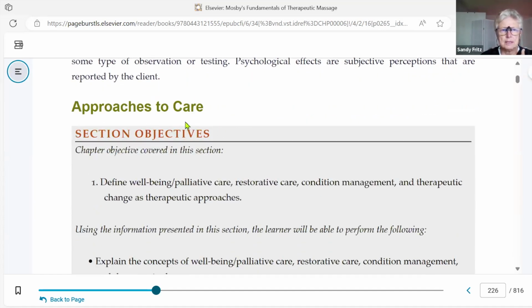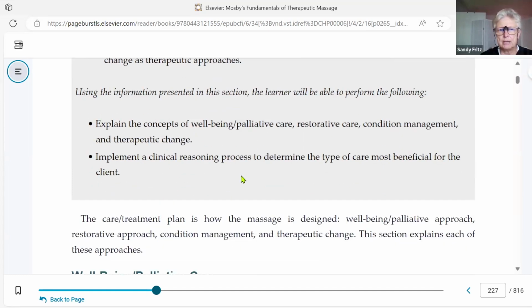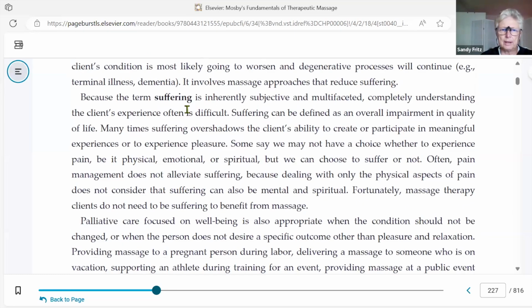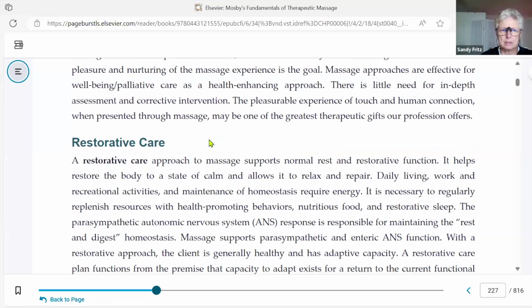Here's the content about the concepts of how I am going to approach massage with my client, and this can vary. You might have a generalized care plan on condition management, but the person is very fatigued that day, and your approach would be more in the well-being, comfort care arena. So this is explained very well in the textbook here.